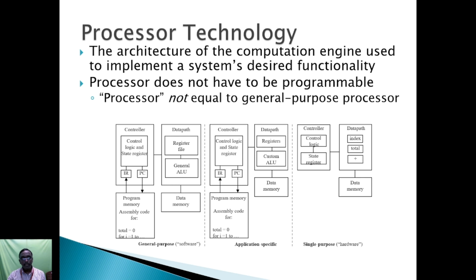Another one is application specific, which means it is specific to an application. Next one is single purpose. Single purpose is hardware, so here there is no execution of programmable devices. So this is called single purpose hardware.